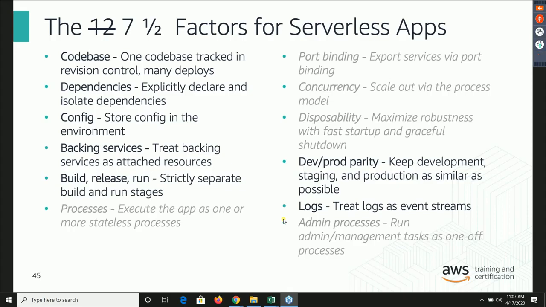Now, backing services. The concept says you should treat all services as the same, right? In the case of Lambda, you are not allowed to run any local processes or any other services, unlike what you would do on, let's say, EC2.